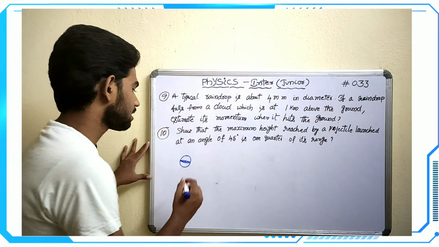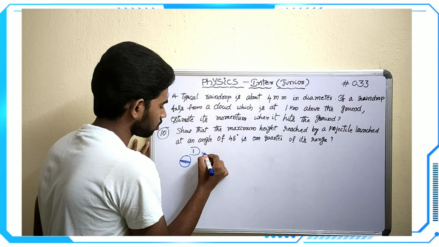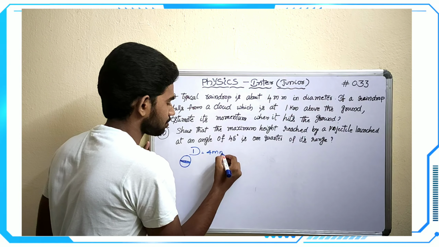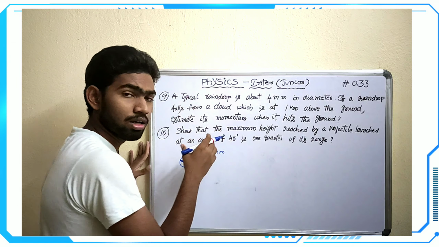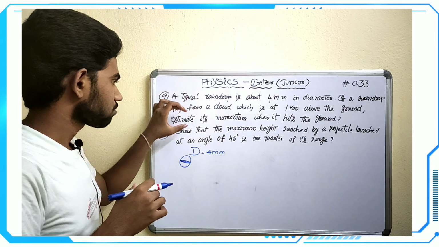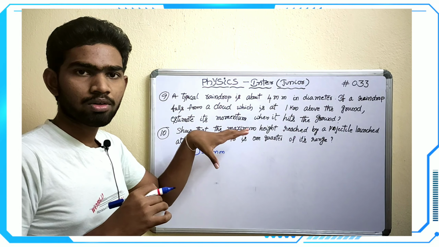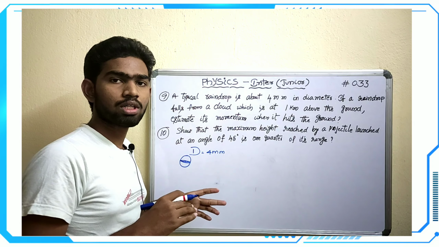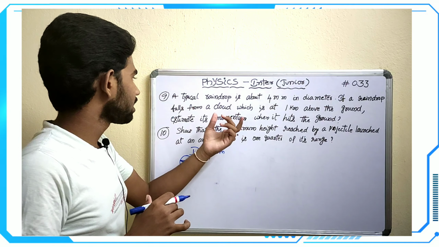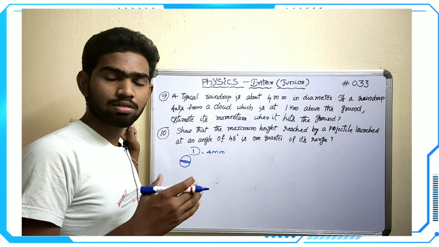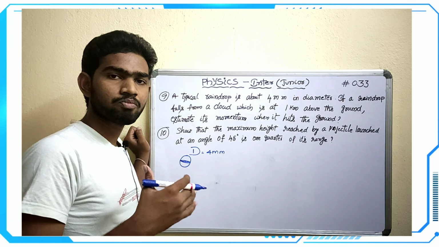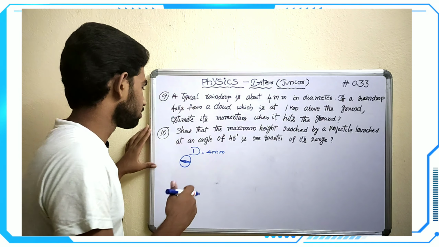They have given that the diameter is equal to 4 millimeters, and we have to find the momentum of the raindrop when it touches the ground, falling from 1 kilometer.